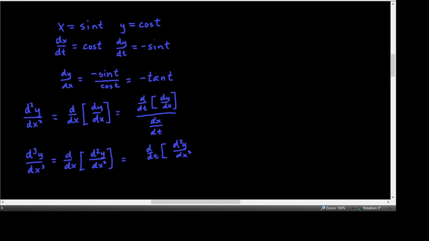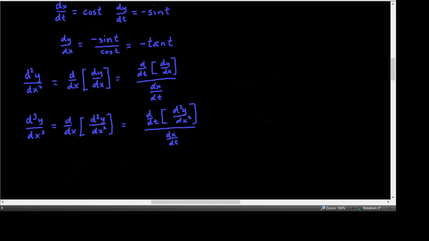So that'll be the derivative of our last answer. But again, the differentials don't work out, so I'll have to divide by dx dt to cancel that dt and introduce another dx. And so again, the process will be take the derivative like you would normally, but then you'll have to remember to divide that answer by dx dt again. And that's going to be one of the hardest things to remember, I believe.